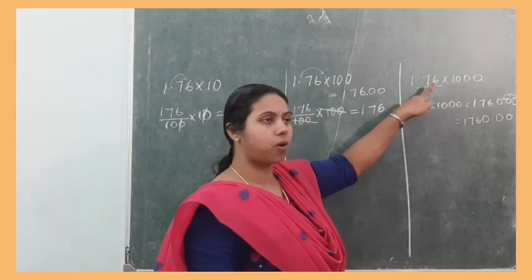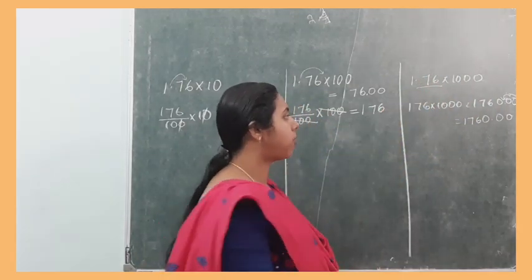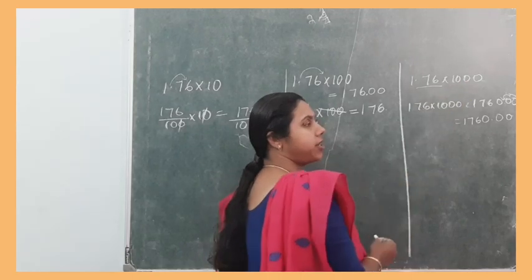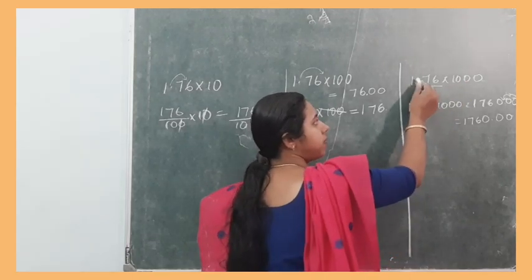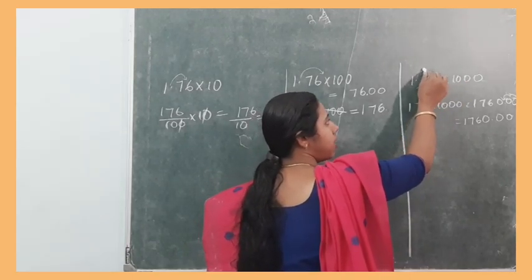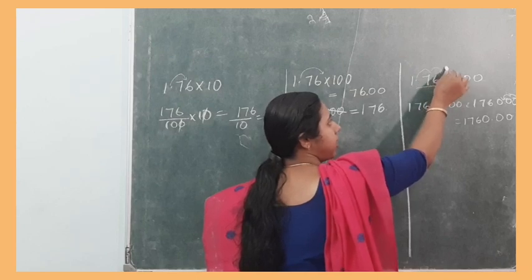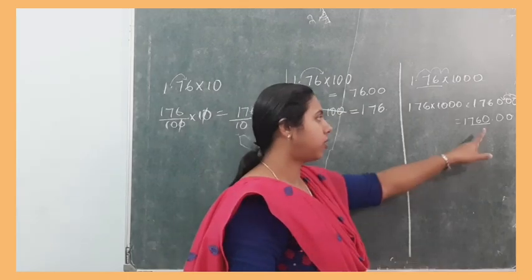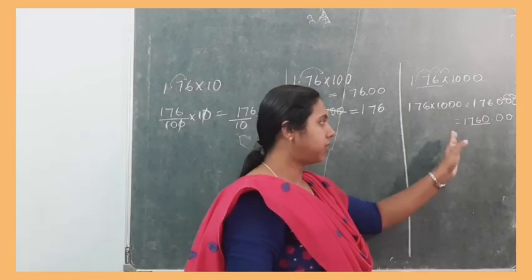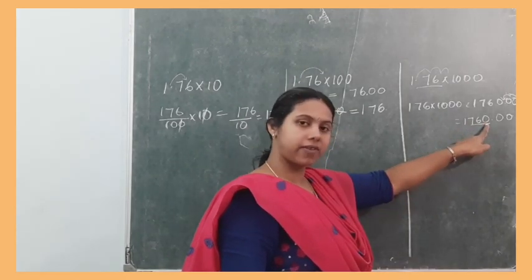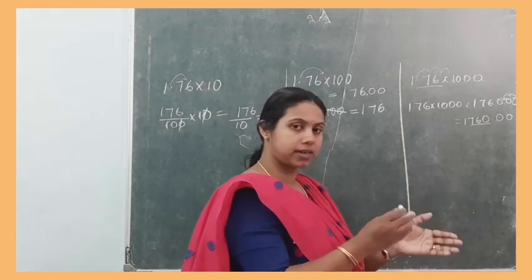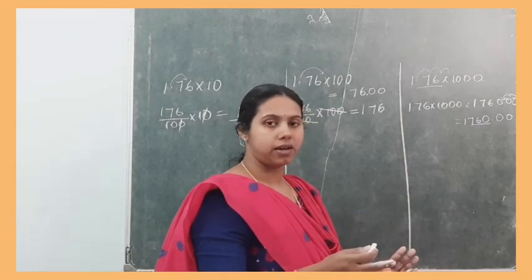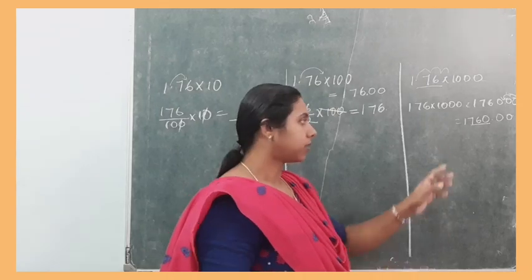Look at your question. Your question is 1.76. The decimal point moves how many places to the right? Now it moves 1 place, 2 places, 1 more place. So 3 places to the right. We got a 0 also. There is a value for this 0 because it comes between the decimal numbers.